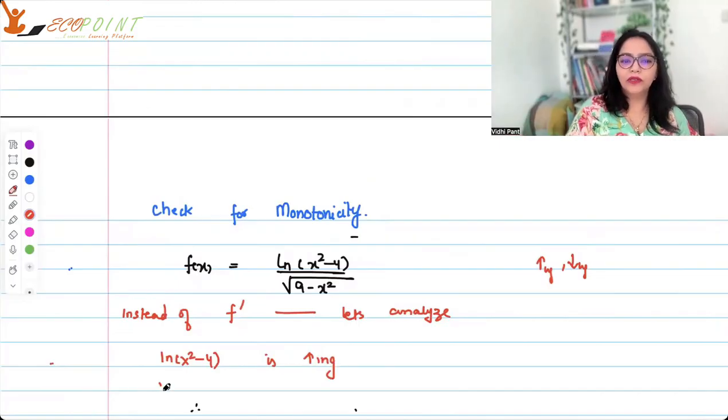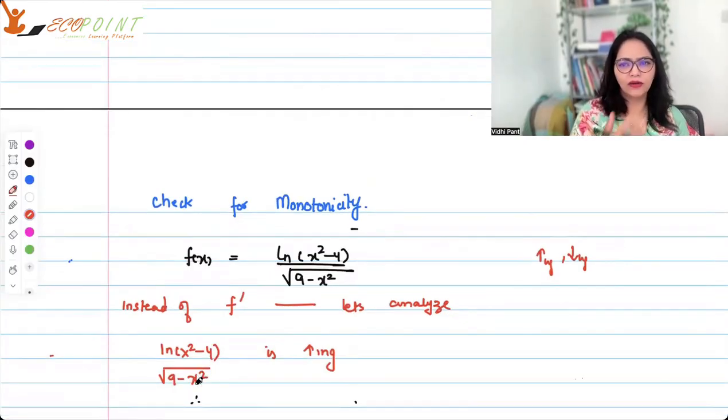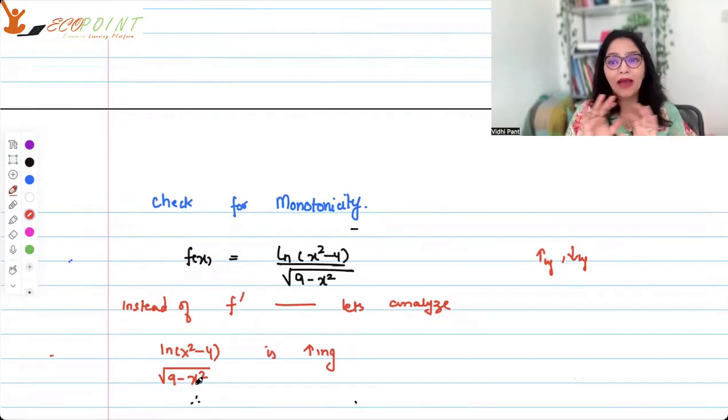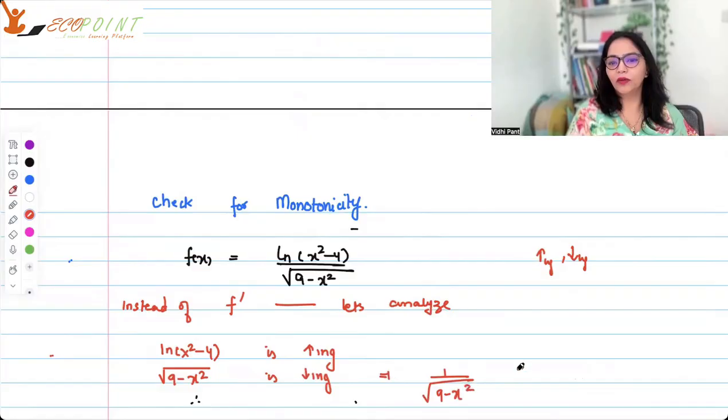And if you observe square root of 9 minus x square, now you can differentiate this and figure it out. But square root of 9 minus x square will be a decreasing function because you have minus x square out here. So this is decreasing, which would mean that 1 upon square root of 9 minus x square would actually be increasing.